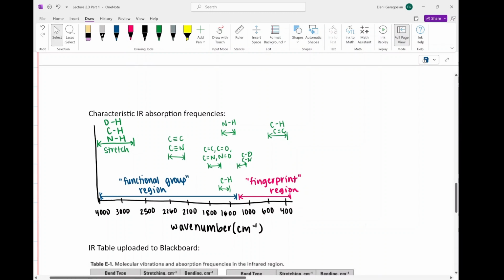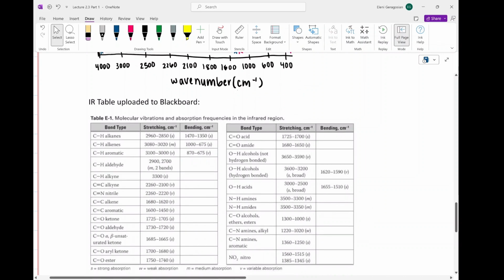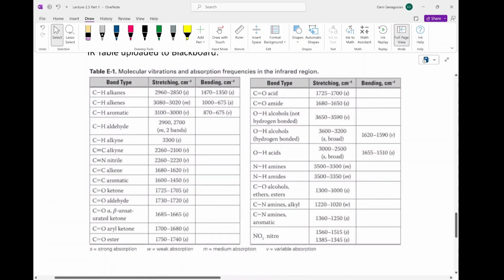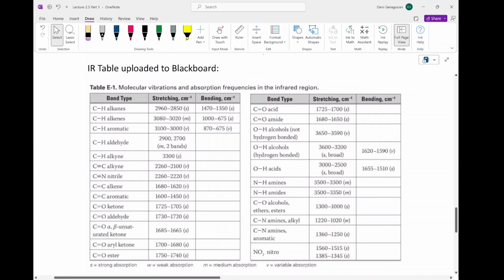Okay, so the IR table organizes all of this nicely. It is uploaded to Blackboard in the handouts folder. And this is something you would be provided on assessments as well, so you want to learn how to use it. There are specific bonds that you'll see more frequently than others, where you might start to remember where to look for those peaks.